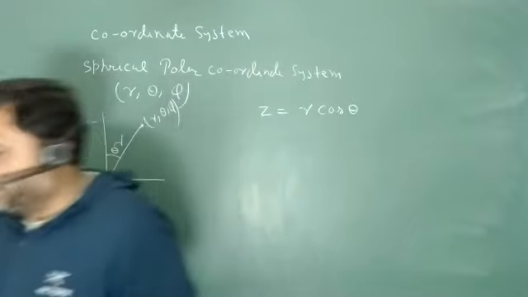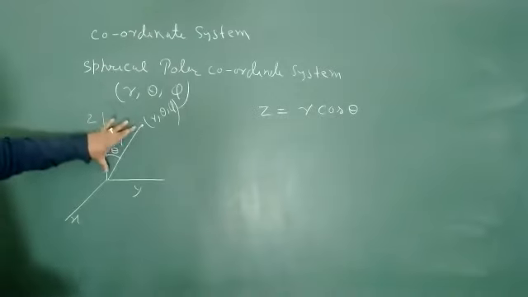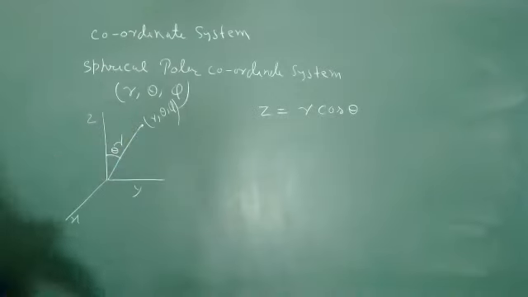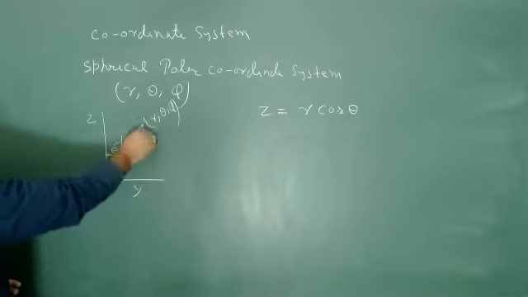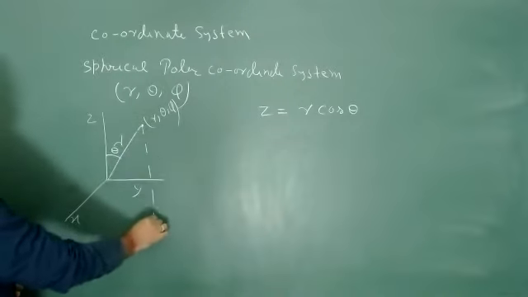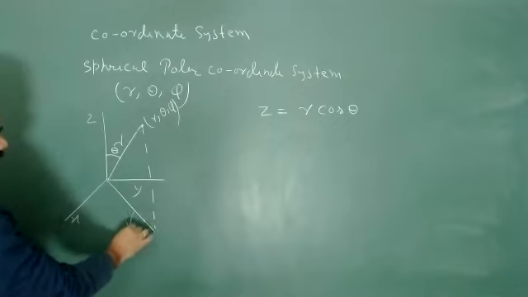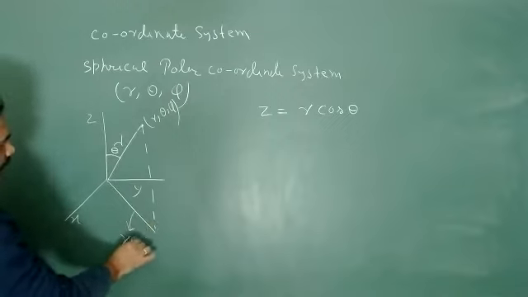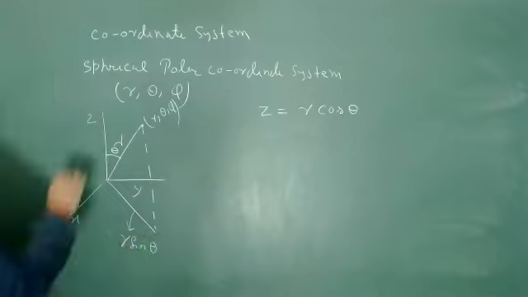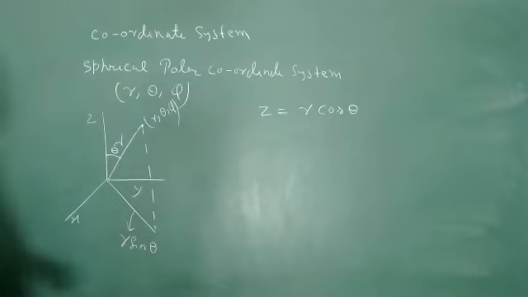So the next component, the projection of r in the XY plane, is given by this distance, and this distance is nothing but r sin theta. And what is your angle phi?